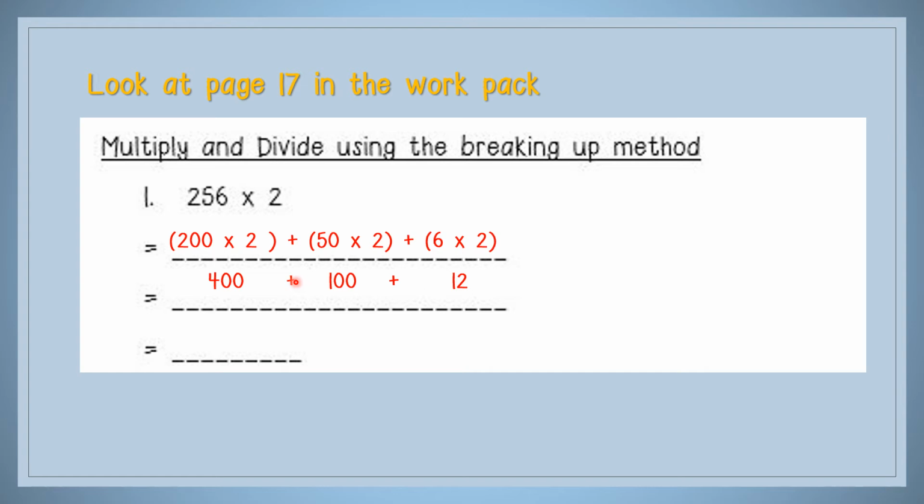Our second step is to fill in our answers by multiplying our hundreds and our tens and our units. So 200 times 2 is 400, 50 times 2 is 100, and 6 times 2 is 12. So our last step is to add all of that to give us our final answer. So 400 plus 100 plus 12 is 512.